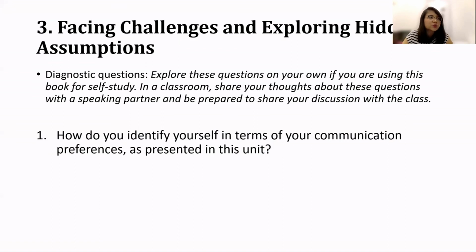Are you into high context culture or low context culture? Are you more of masculinity or femininity? Do you have high tolerance for uncertainty in communication? How do you view your silence in communication? And how about the affective factors that may play a role in the communication that you will have one day?